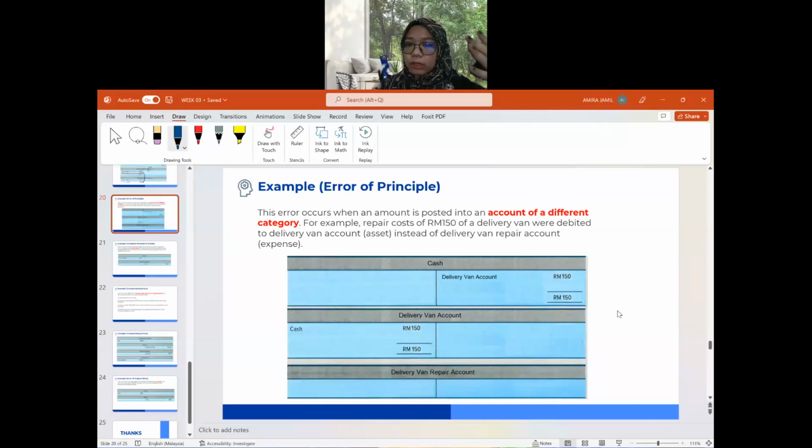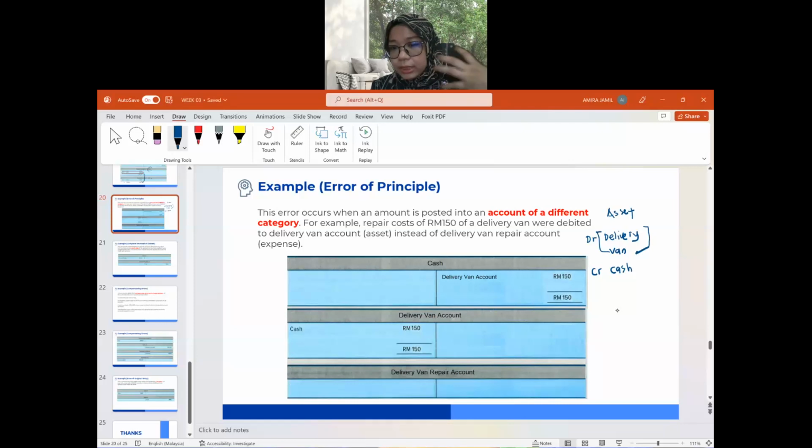Okay, for example, if we buy a delivery van, we will record it as debit delivery van, credit, for example, cash. Okay, this is an asset account. But if we repair the van, okay, it's an expense.